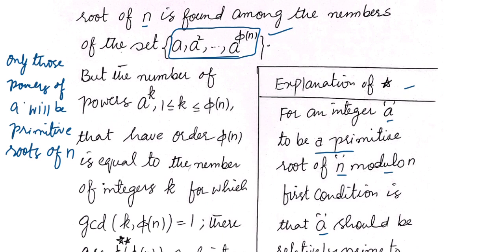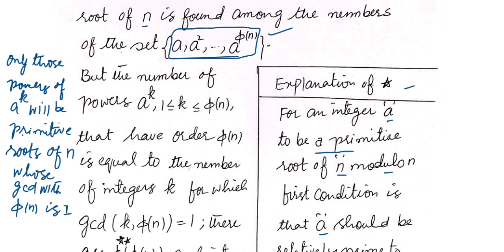Only those powers of a, suppose these powers are denoted by k, will be primitive roots of n whose GCD with phi of n is 1.